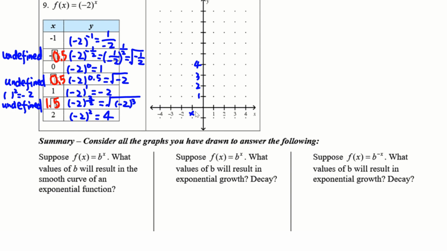With integers, it's okay. x = 0 is 1, x = 1 is negative 2, and x = 2 is positive 4. So we have these points, but for the other points, -0.5, 0.5 and 1.5 are undefined, so the graph is not going to be continuous. And this also gives us some restrictions for exponential functions.